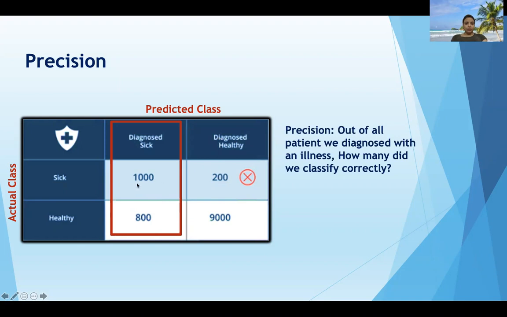So this 1000 is the correct one. Precision would be 1000 divided by 1800, which is the total number of patients diagnosed as sick, and that is equal to 55.6%. This is not a high number because this is not a precise model, but this is okay because we are avoiding the false negative case.